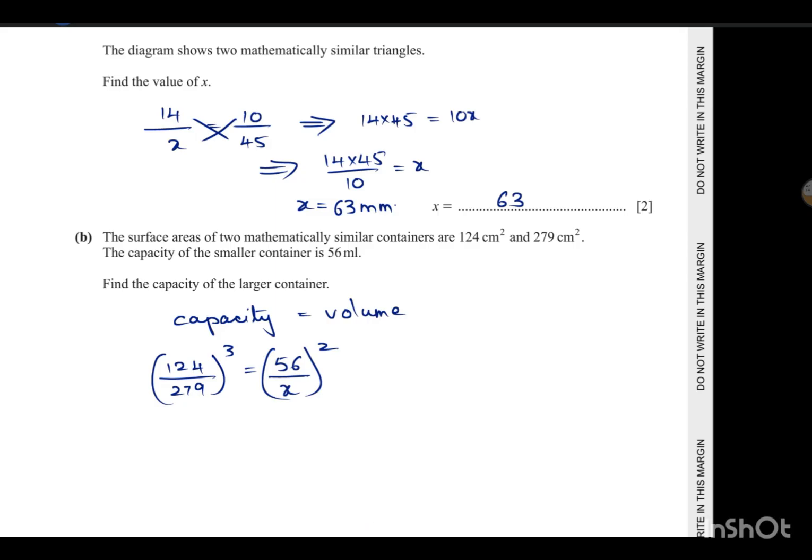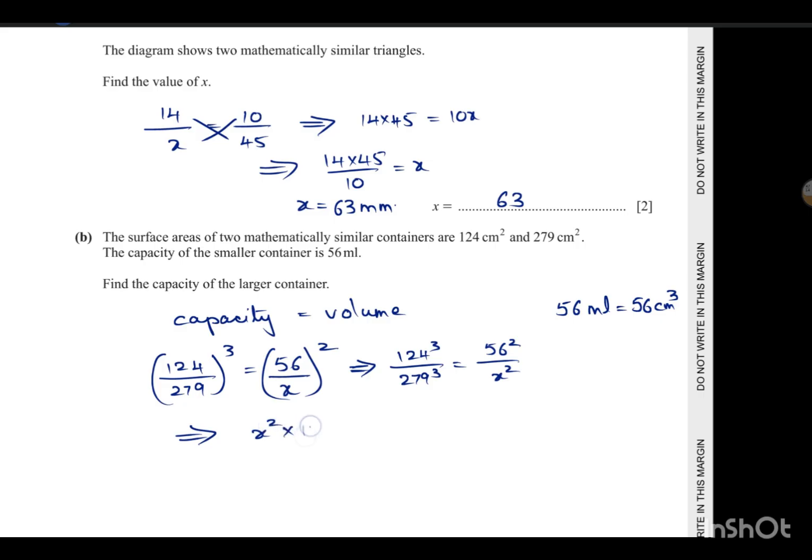And now 56 milliliter is nothing but 56 centimeter cube. So we can take this exactly as it is, centimeter cube. Now take the powers separately. 124 cube by 279 cube will be equal to 56 square by x square. Cross multiply.